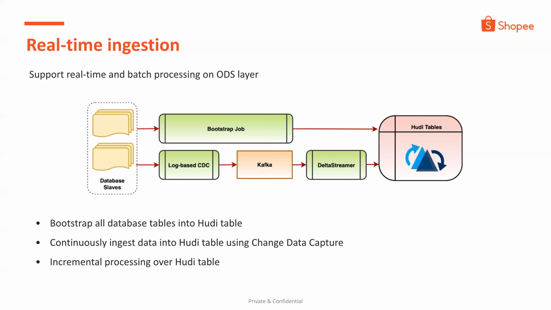At present, Shopee has a large amount of internal business data from business databases. We use CDC-like technologies to capture change data in the database and build ODS layer data for the business to support batch and real-time incremental processing.